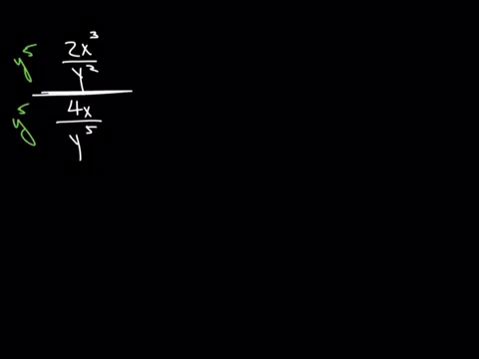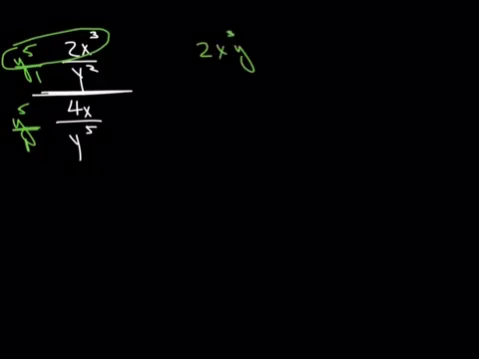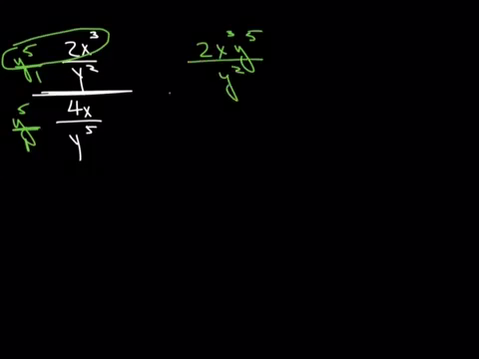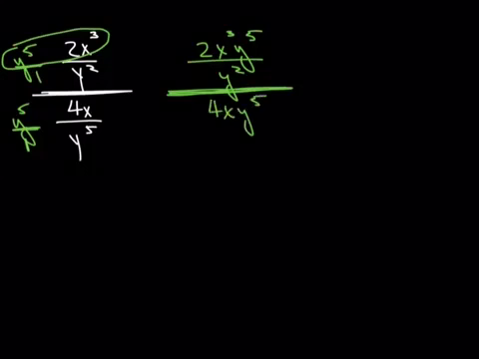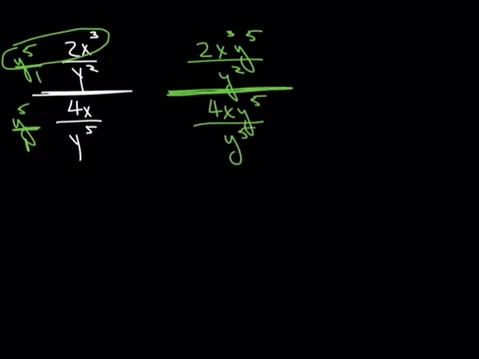If I multiply this through, you multiply these two, because this is y to the 5th over 1, this is y to the 5th over 1, if that helps. So that gives me 2x cubed y to the 5th over y squared times 1, over 4x y to the 5th over 1 times y to the 5th.